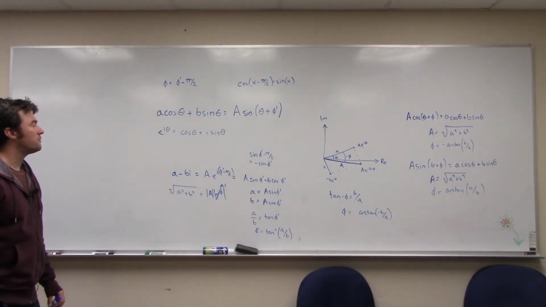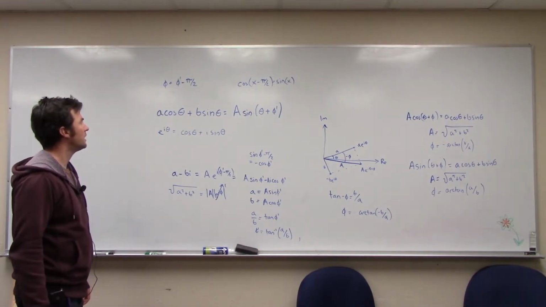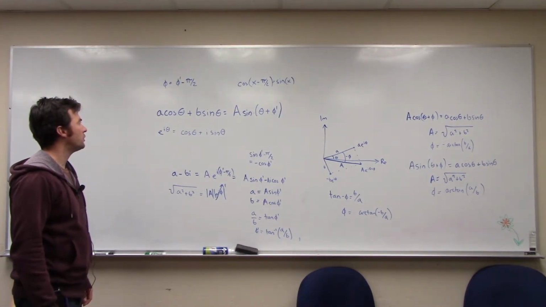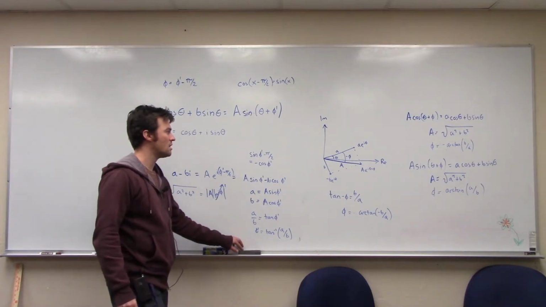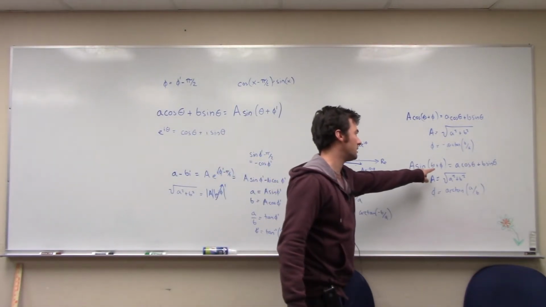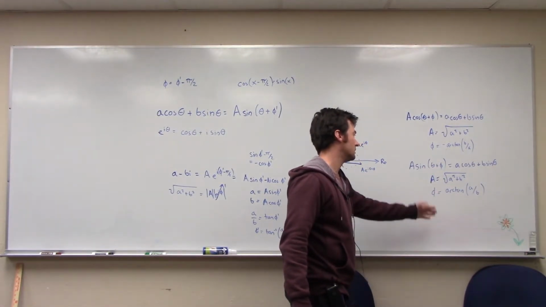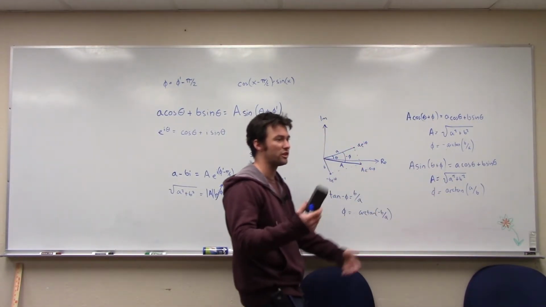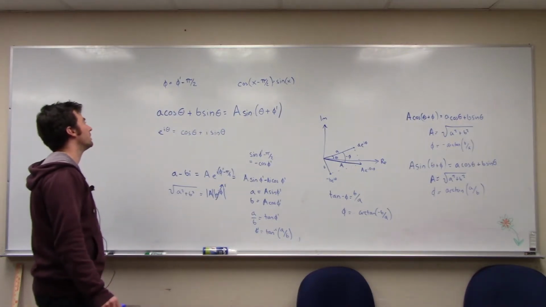Notice, by the way, I've written this as phi instead of phi prime, just changing the name of the variable back to what we had originally.